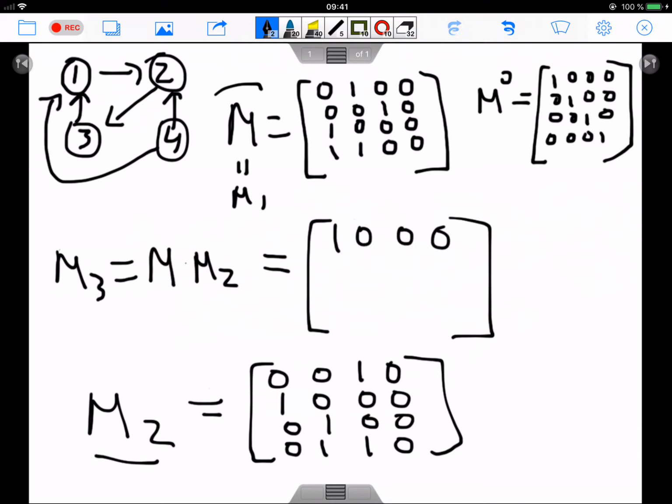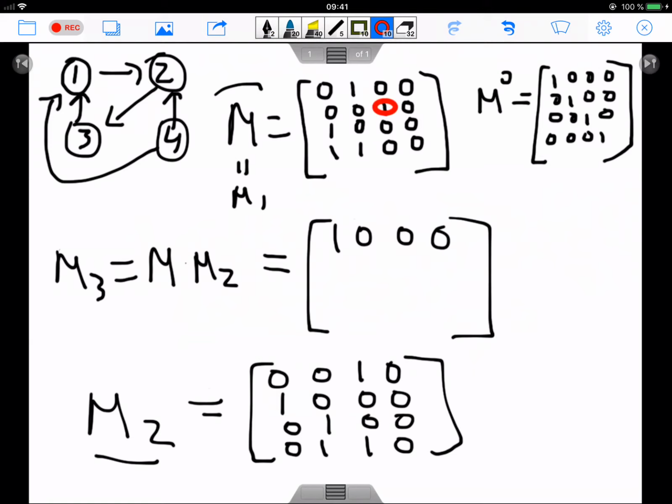And notice that this is consistent with the interpretation of the matrix as the matrix that gives us the paths of length 3, because in the graph, if we start in 1, we can go to 2, then to 3, and go back to 1 with a path of length 3.